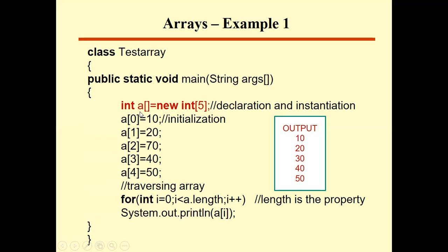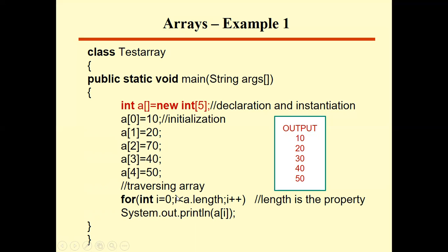Now, the array A with size 5 is instantiated. A[0] is initialized with value 10. That is, the very first element of the array contains the value 10. And the remaining values are also initialized one by one till the position A[4].